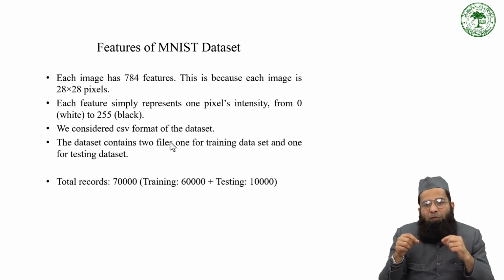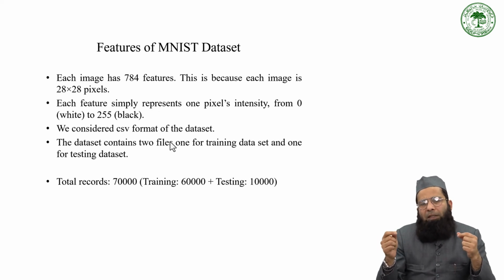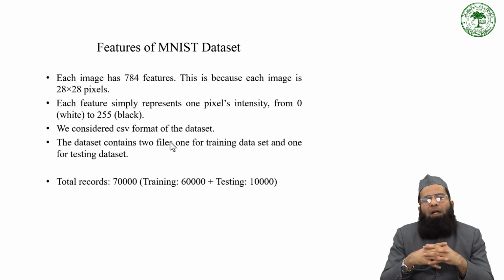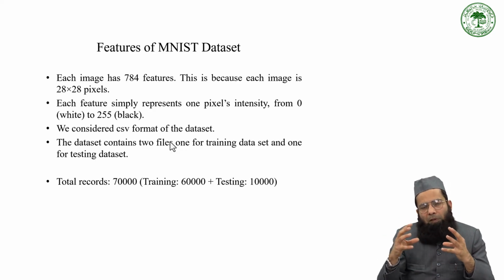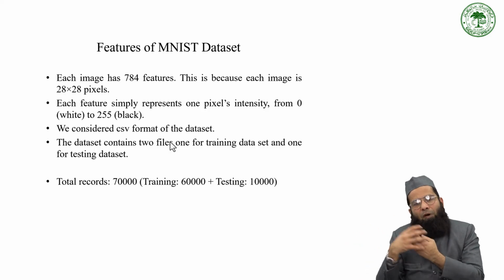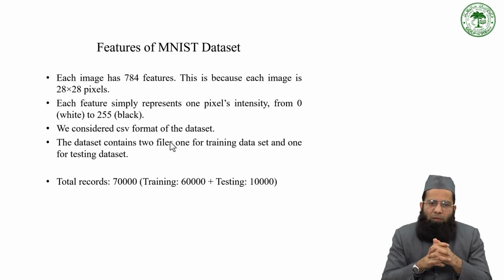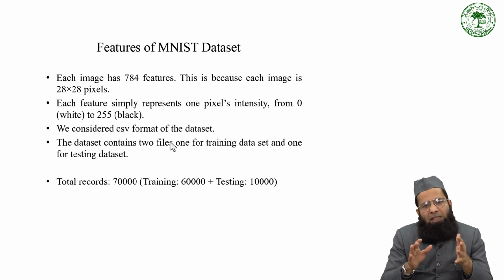We consider the CSV format of the dataset. Actually, there are different formats of the MNIST dataset, some in the form of images, and researchers have also utilized that image dataset to create a CSV format. So we are utilizing the CSV format of this dataset. The dataset contains two files, one for the training dataset and one for the testing dataset.